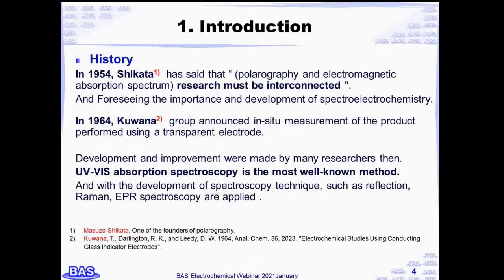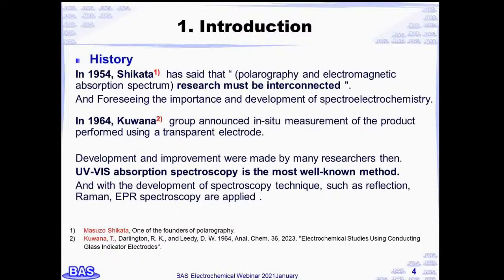The history of spectroelectrochemistry can be traced back to 1954. Shikata said that research must be interconnected, foreseeing the importance and development of spectroelectrochemistry. The first spectroelectrochemical experiment was carried out by Kuwana in 1964.